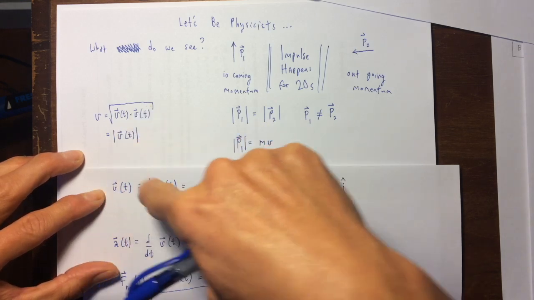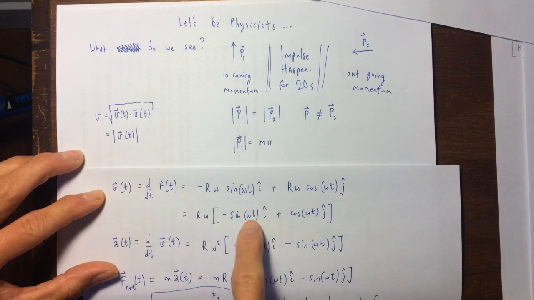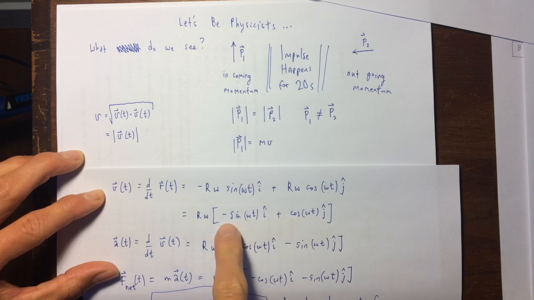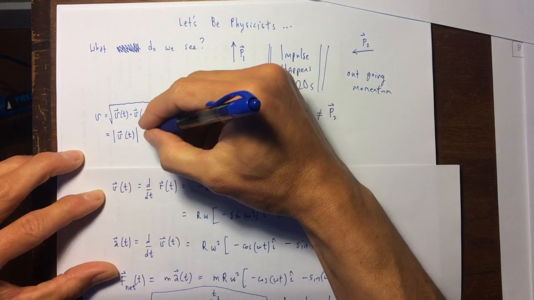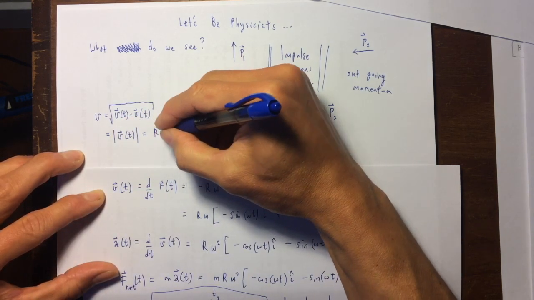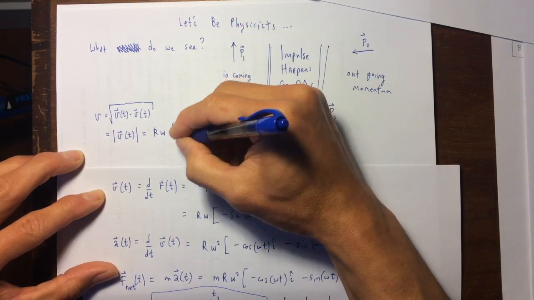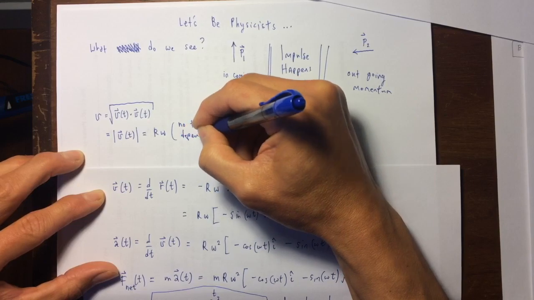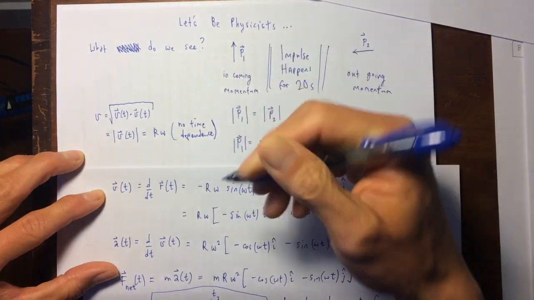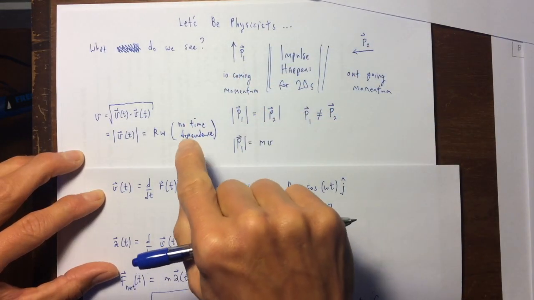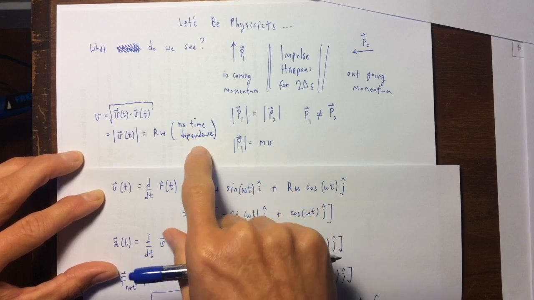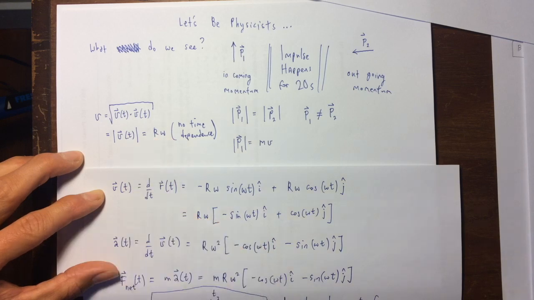And even though this v of t has time dependence all up in it, only the direction is time dependent. When you do this dot product, what you get is r omega with no time dependence. If there's no time dependence, then the time derivative is 0, which means this does not vary in time.